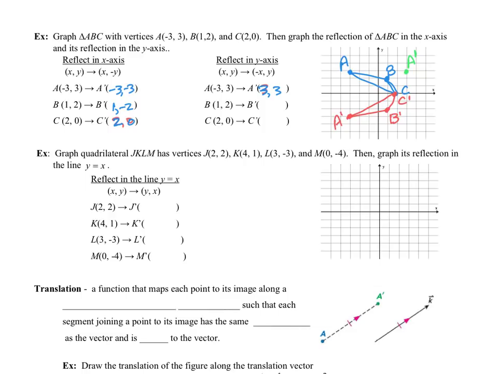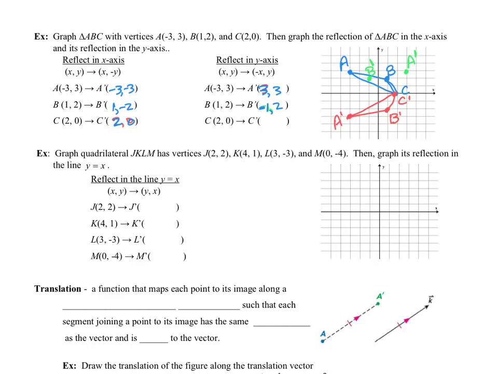All right, and then the point 1, 2 will become -1, 2. Let's go ahead and plot that point. So to the left 1 and up 2. That is B prime for our second reflection.